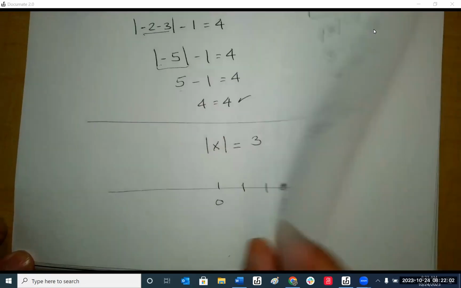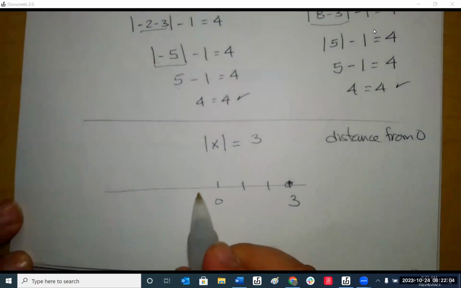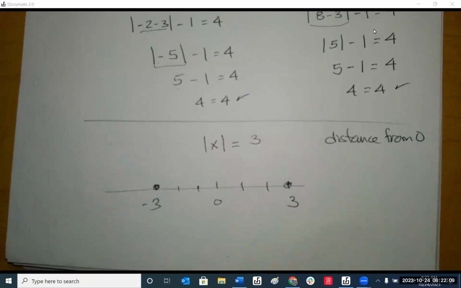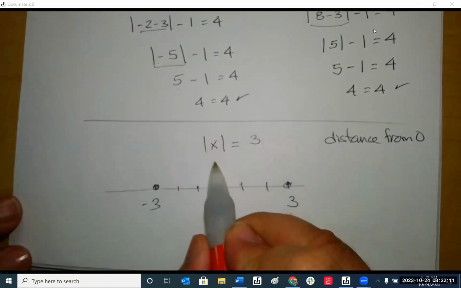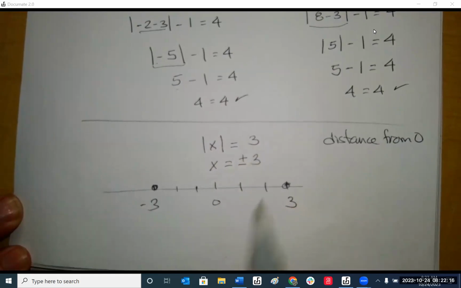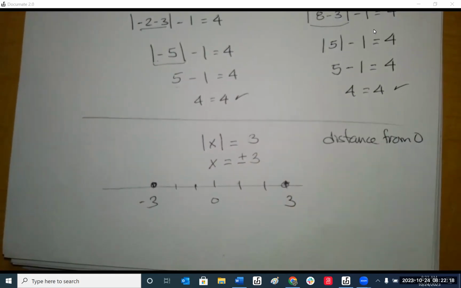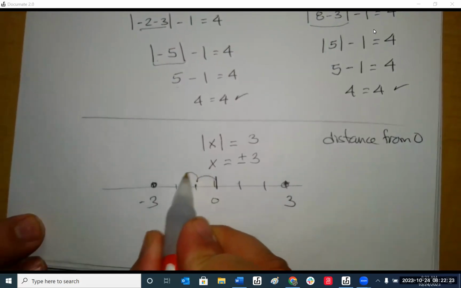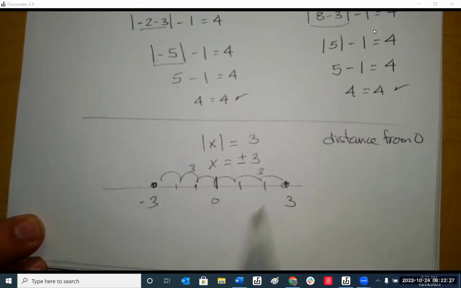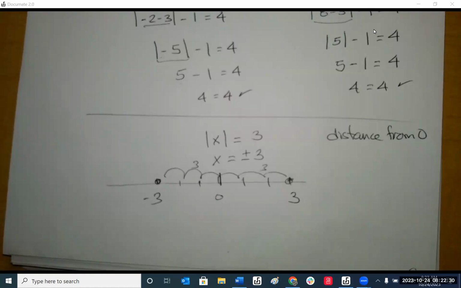If I folded my page over, I'd have a mirror image over here. That's also 3. So x is equal to positive or negative 3. Because it's from 0, it's 1, 2, 3, 1, 2, 3. The absolute value is a distance. That's going to be important because now the next part we're going to deal with are inequalities.